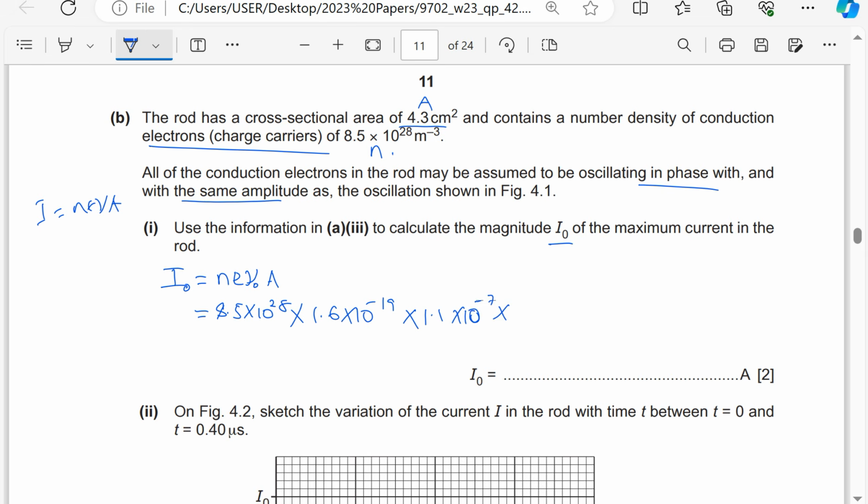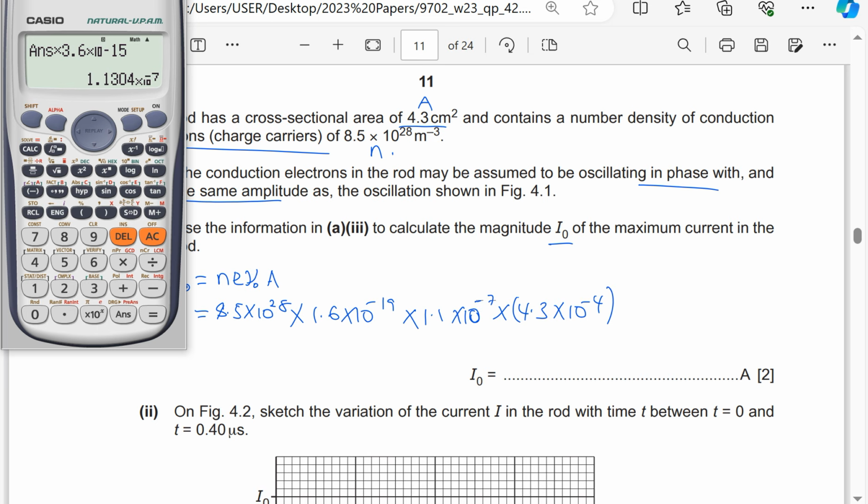Then times the cross-sectional area is 4.3, but I have to change it to meters squared, so I will say times 10 to the power of negative 4 to change it to meters. So I'll just press my calculator, 8.5 exponent 28 times 1.6 exponent minus 19 times 1.1 exponent minus 7 times 4.3 exponent minus 4.